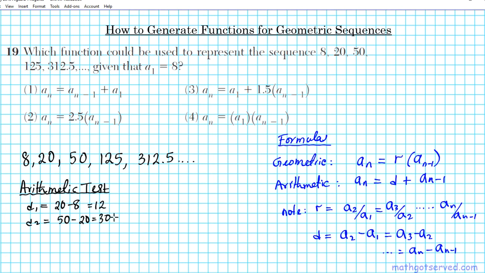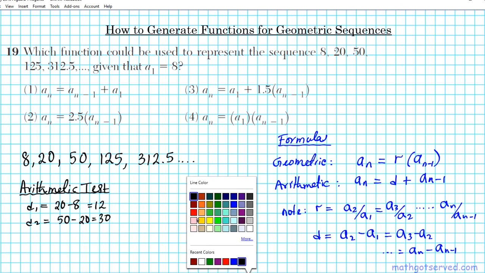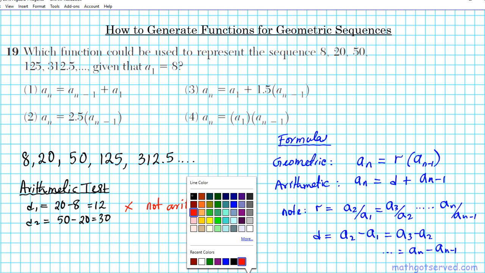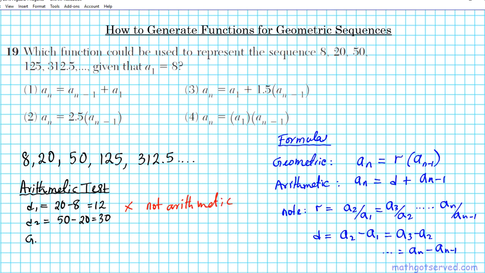Ladies and gentlemen, the differences are not common. Since the differences are not common, this sequence has failed the arithmetic sequence test. So this sequence is not arithmetic for sure. Alright, so we automatically know that it should be geometric, but let's not just make any assumptions. Let's test it and see if it's geometric.